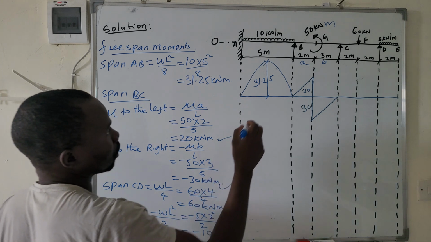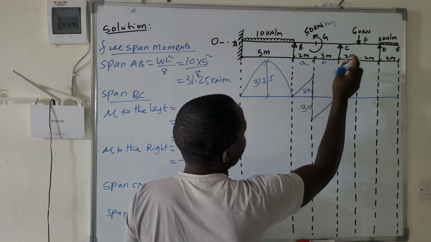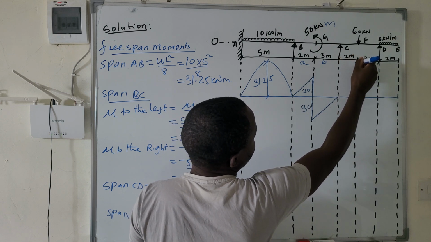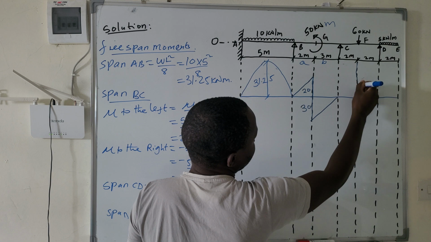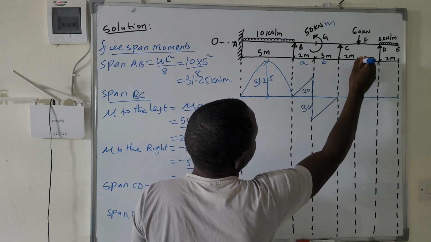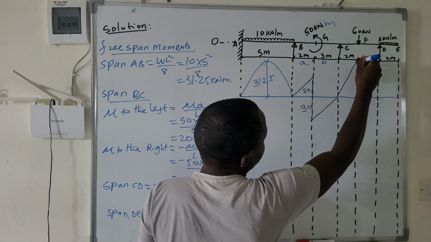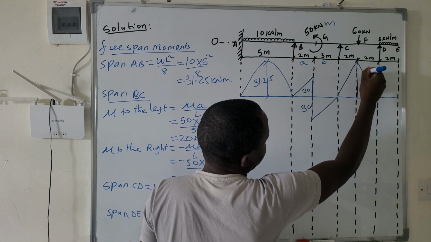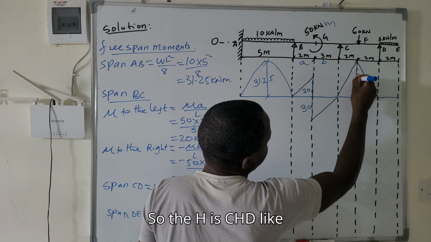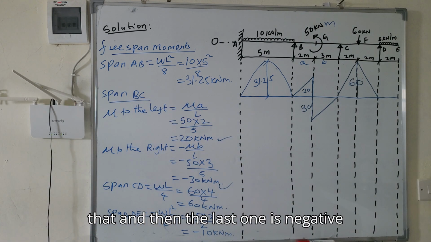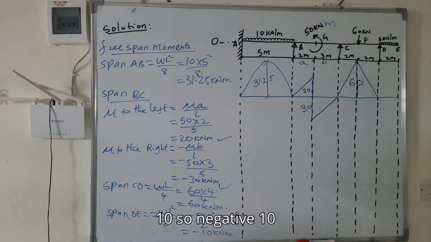And then the next one is 60 kilonewton meter. So the H is 60, like that. And then the last one is negative 10.